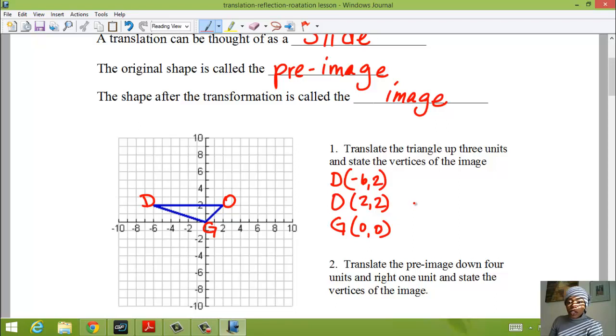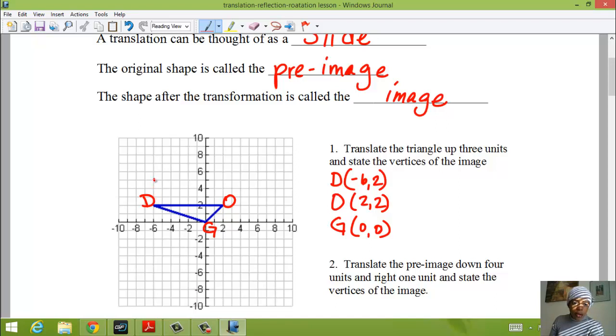So we're going to translate the triangle up 3 units. That means that we need to move each individual point up 3 units and then find the coordinates of the image. So from point D up 3 units, 1, 2, 3.